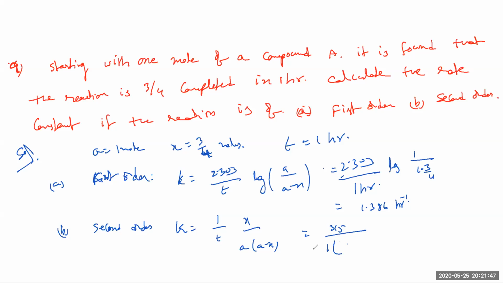So a minus x is 1 minus 3 by 4, which is 0.25. By calculating, 0.75 by 0.25 is equal to 3. That is the right answer.